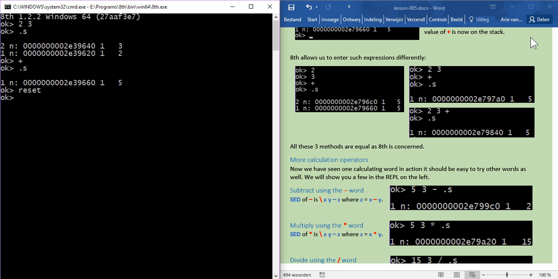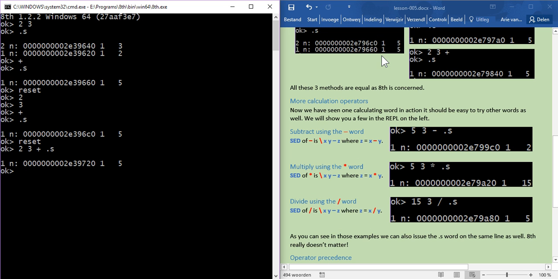So I also could have done this: 2, enter, 3, enter, plus, enter, .s. Exactly the same result. Also we could have done 2 3 plus .s at once. So that's easy. You can have a calculation just in one line and put up the result.